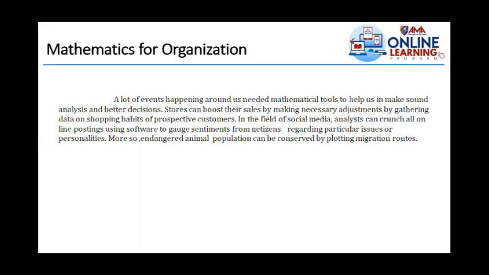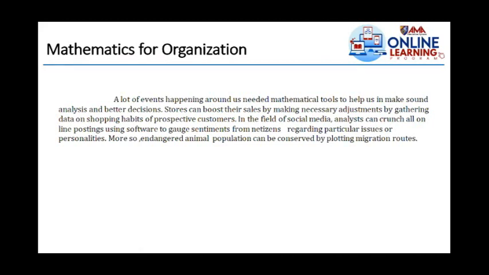So it uses mathematics to improve the service, to improve sales, to improve the quality of education, the quality of medicine, kahit anong organisasyon guys, basta yun yung nasa society na nagbibigay serbisyo, nagbibigay ng mga produkto, that is mathematics for organization. Another example for mathematics for organization is yung mga endangered animal population.